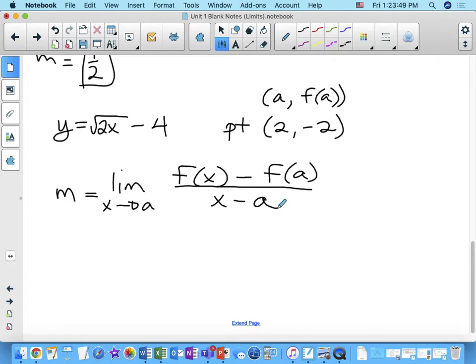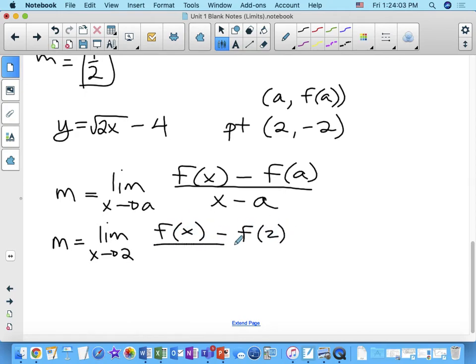Okay, so for this scenario, I'd be looking at the limit as x approaches 2 of f of x minus f of 2 over x minus 2, because my x value is 2.